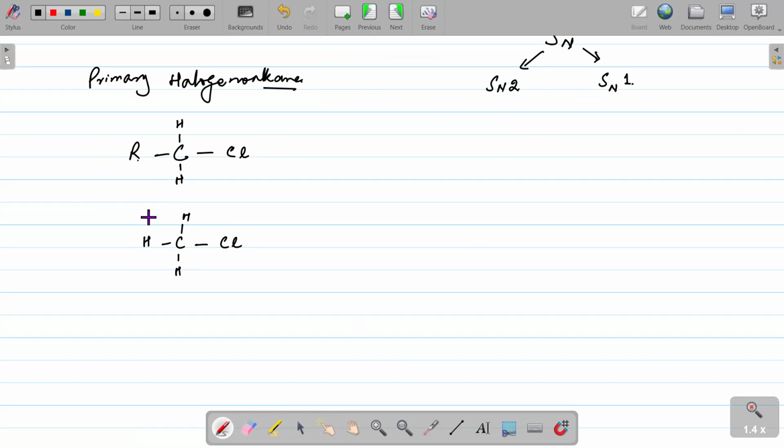All these are primary halogenoalkanes, and we represent them with one dot.